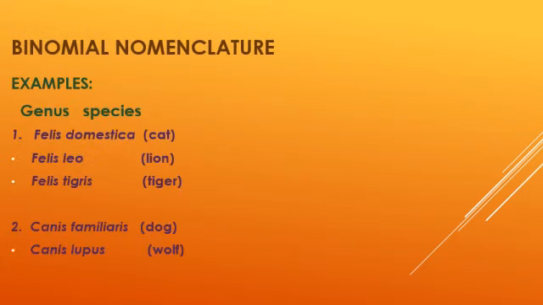In case of animals, Felis domestica, cat, Felis leo, lion, and Felis tigris, tiger, belong to the same genus Felis, but they have different specific names due to differences among them. Same is for Canis familiaris, dog, and Canis lupus, wolf.